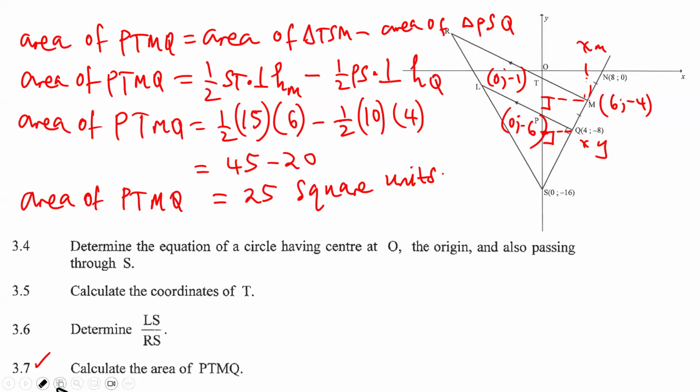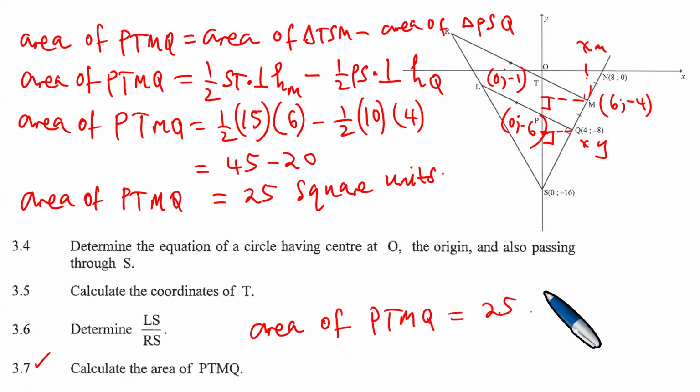So you can come here and say the area of PTMQ is equal to 25 square units.